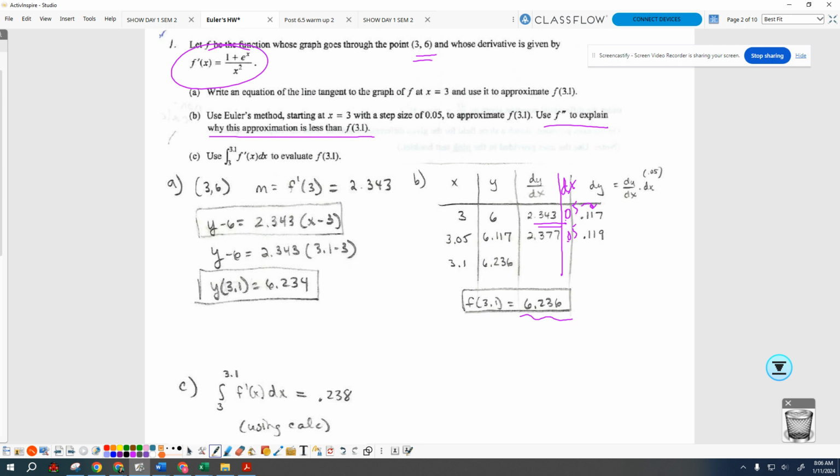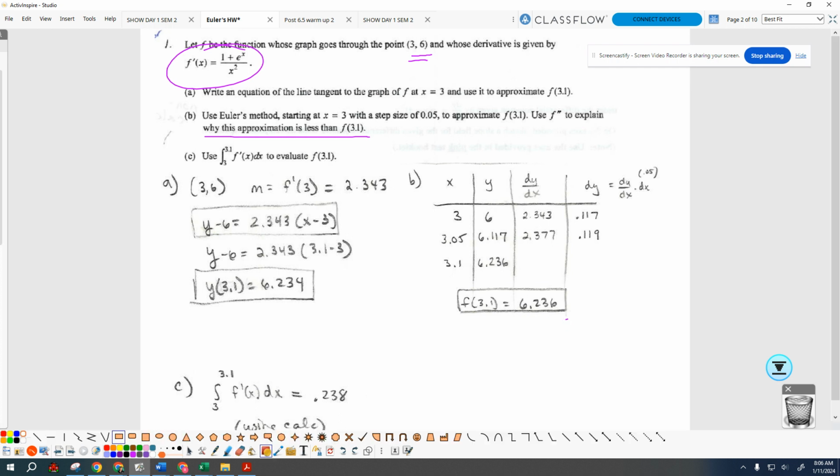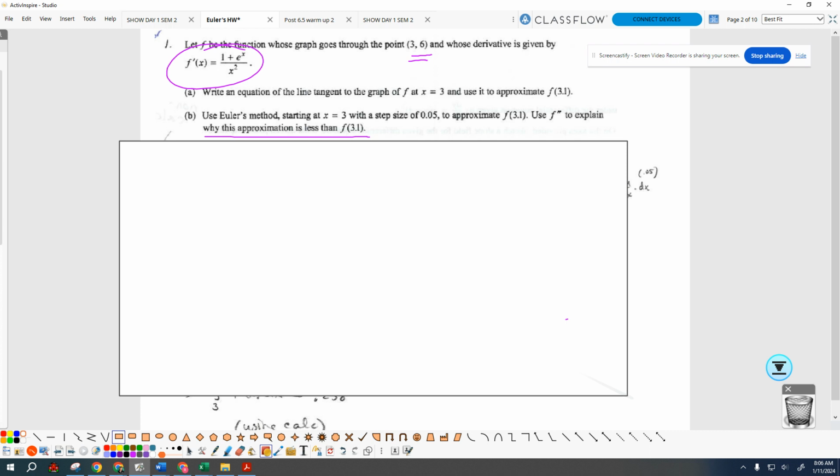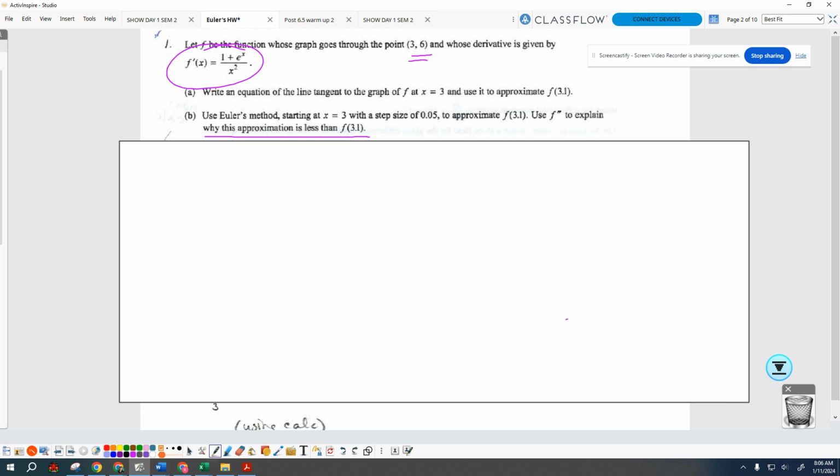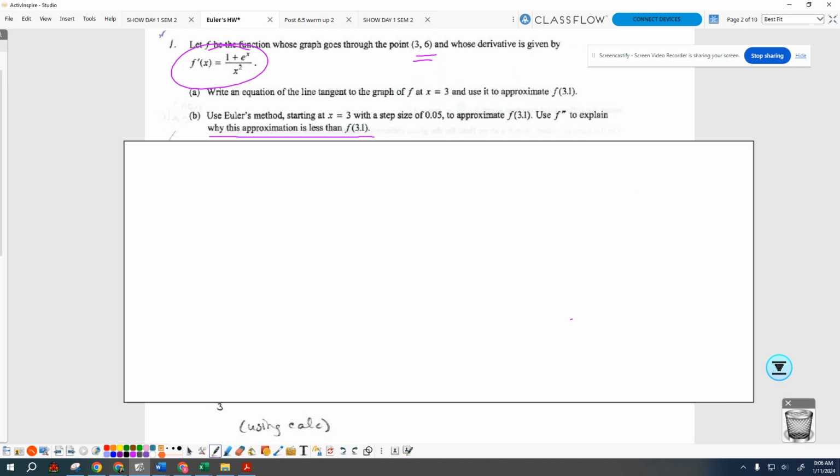Like, I did Euler's method, I got an answer, moving on. There's a second piece. So using the second derivative, okay, I did the second derivative and it wasn't negative. Okay, well, one thing, it's quotient rule. Well, let's check.